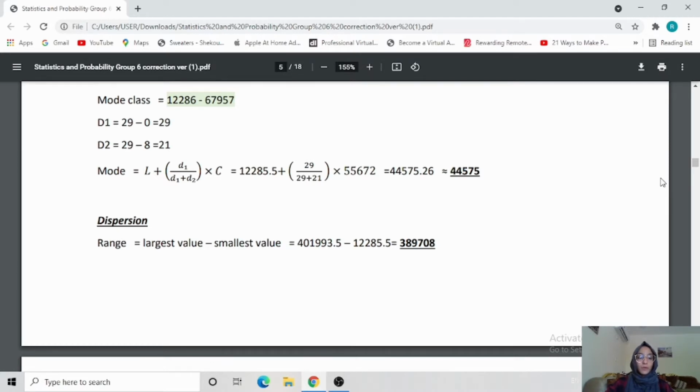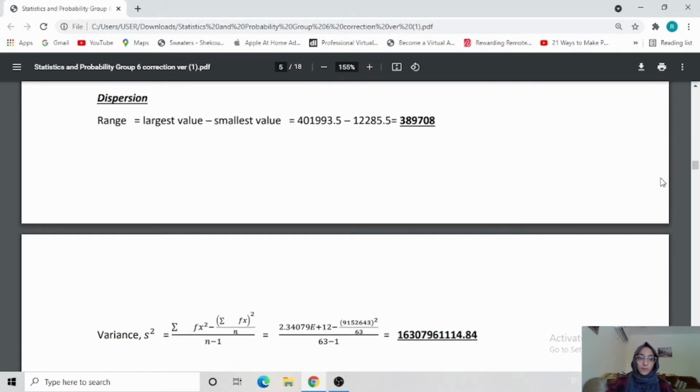So the mode is equal to L plus D1 divided by D1 plus D2, multiplied by the class width, equals 12,285.5 plus 29 divided by 29 plus 21, multiplied by 55,672, which will give us a value of 45,575.